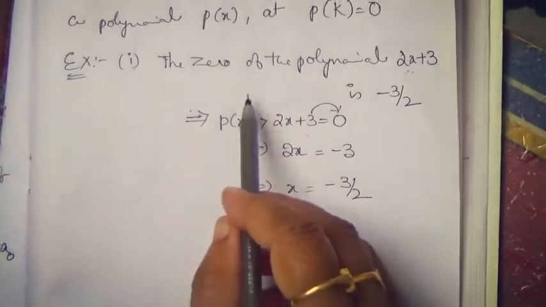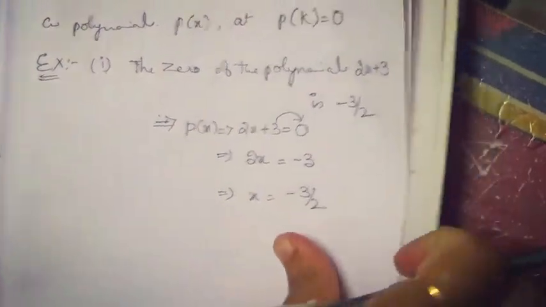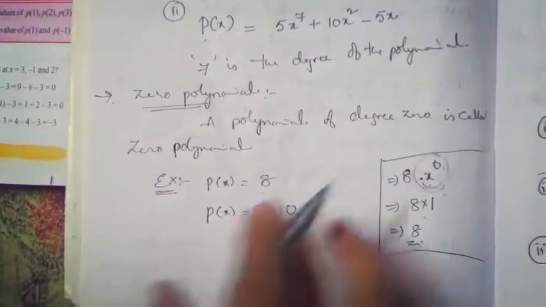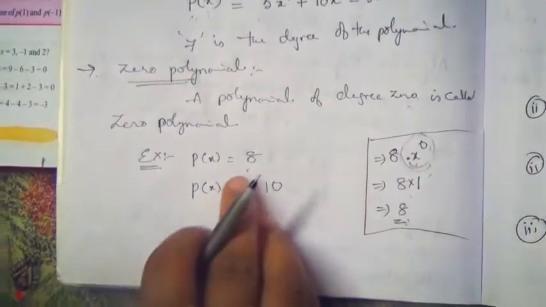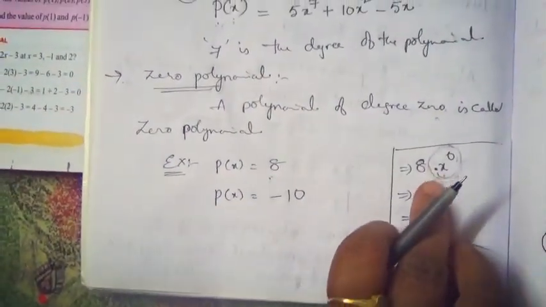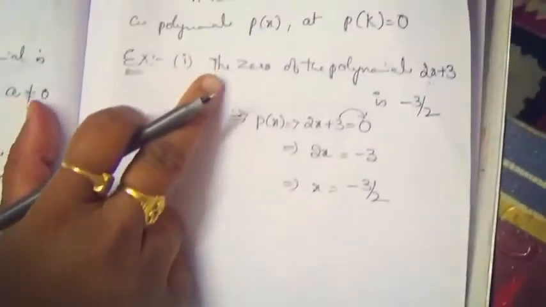You just equate this polynomial equal to 0, then you will get the 0 of the polynomial. Okay, 0 polynomial is different. 0 polynomial means, in the first introduction part I explained the 0 polynomial. What is 0 polynomial? The degree is 0. For constant terms the degree is 0, just like this, that is 0 polynomial.